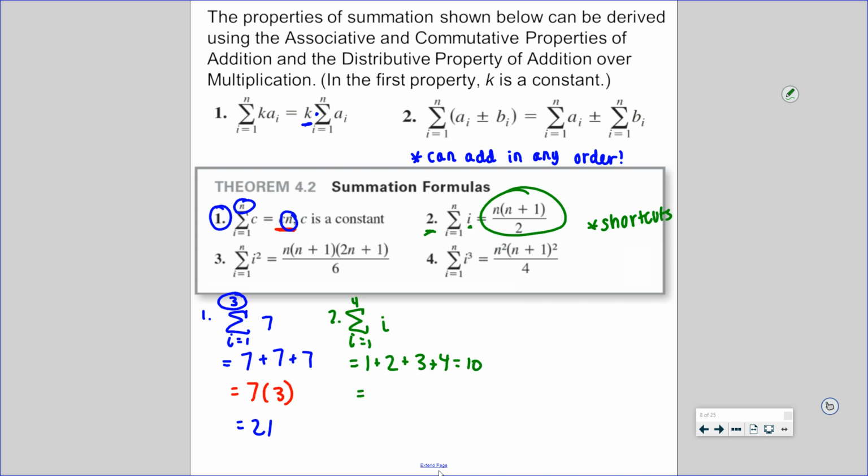I can take whatever my n is, which in this case is 4, times that number plus 1, and divide it by 2, and we should still get the same sum here. So here I have 4 times 5, which is 20, divided by 2, I still get 10. Okay, so there's a little mini, not even really a proof, of why that shortcut works. We're going to use that often because we're going to start doing bigger sums, like a bigger number of terms.